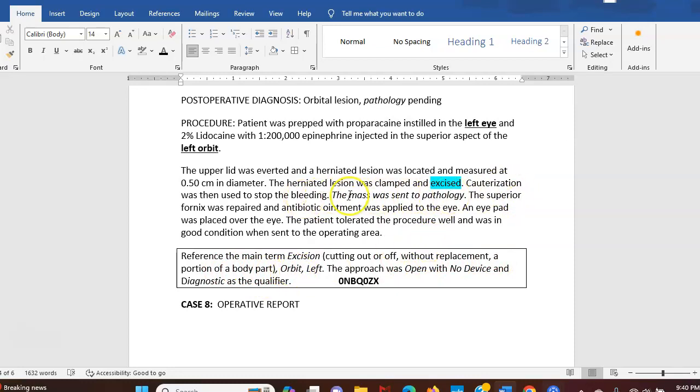So let's see, the mass was sent to pathology. So we're going to have excision, orbit, left. The approach was with no device, and diagnostic is going to be the qualifier because of this right here. The mass was sent to pathology.